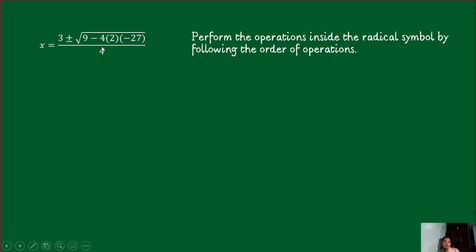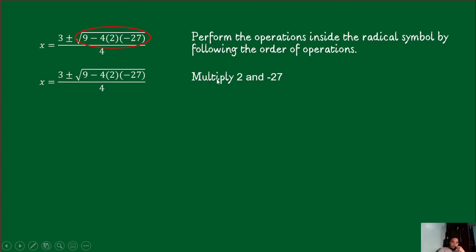Okay, so we're going to multiply first negative 27 and 2, then multiply it by negative 4, then perform the operation with 9. Okay, so 2 times negative 27 is equal to negative 54.